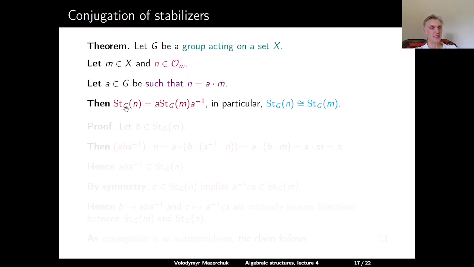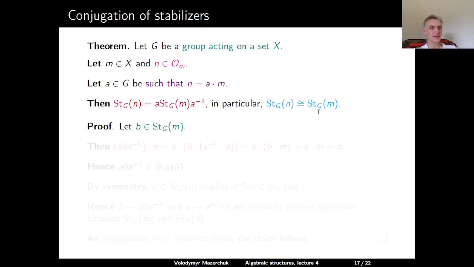Then the stabilizer in G of the element N is equal to A times the stabilizer in G of the element M times A inverse. In particular, the stabilizers of N and M in G are isomorphic. So here we say that they are conjugate, so they are isomorphic.